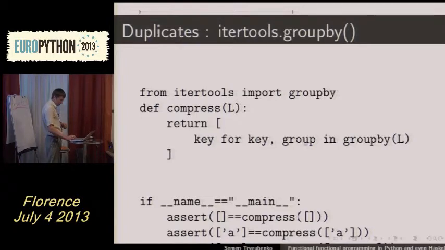So an example implementation of compress here would be to return a list of keys for key, group in groupby(L). And obviously, you know you've succeeded if you run your program and it doesn't bomb on any of the asserts.